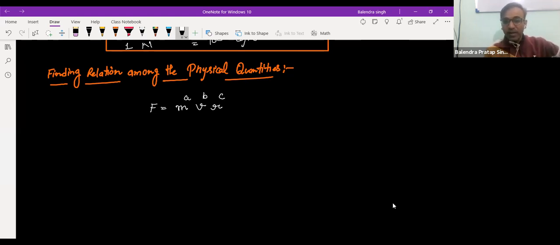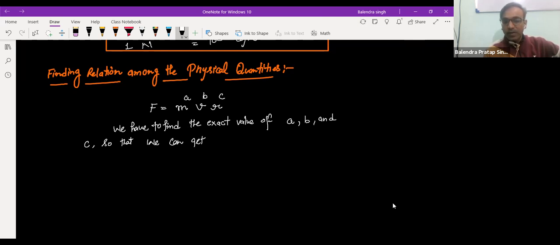The problem is we have to find the exact value of A, B, and C, so that we can get the formula for force in the above equation.